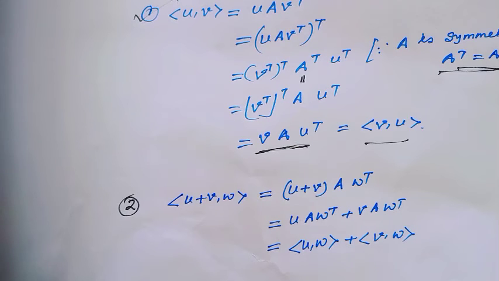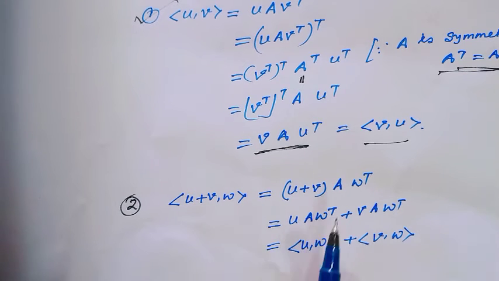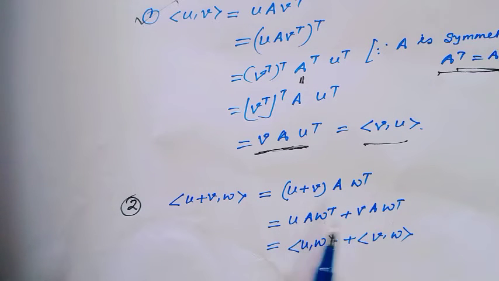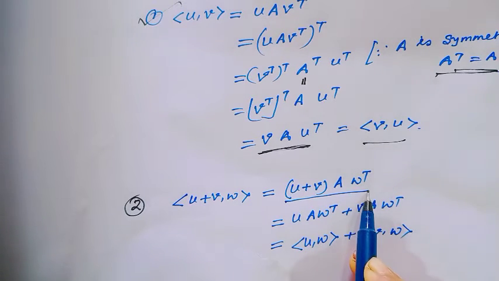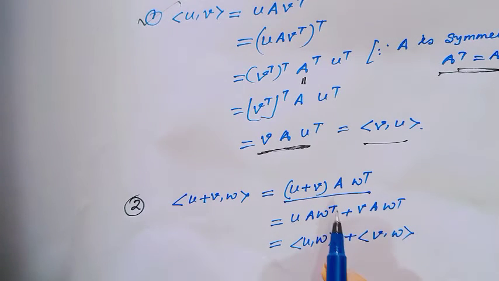Let's check the condition of linearity. Inner product U plus V with W is equal to (U plus V)AW transpose. So this is equal to UAW transpose plus VAW transpose.